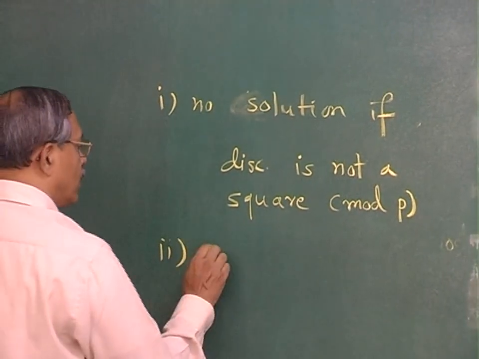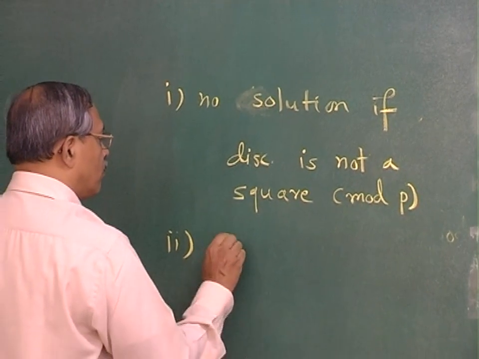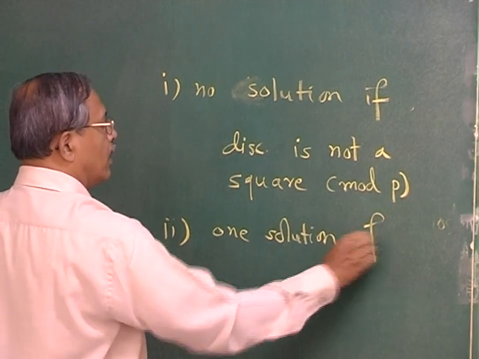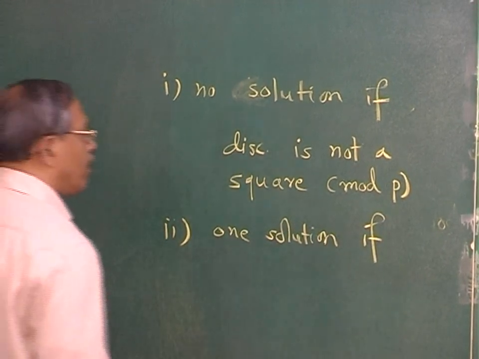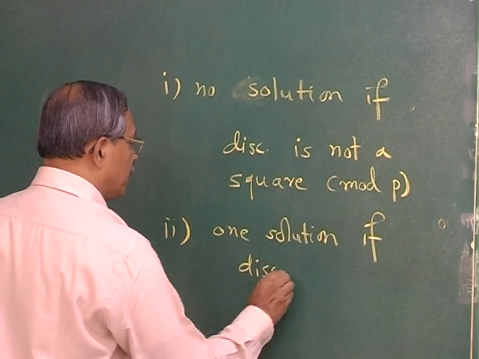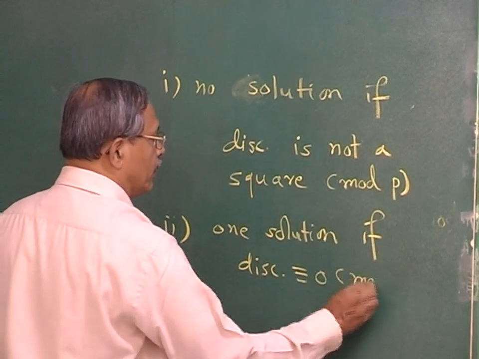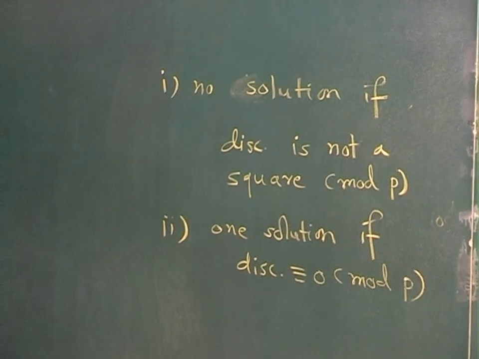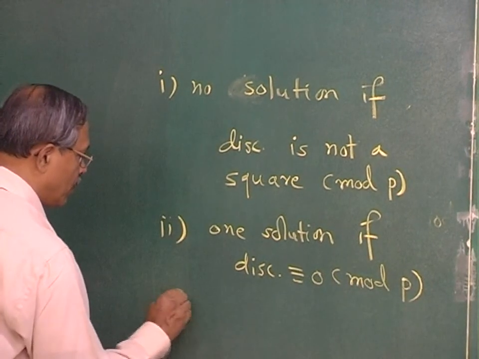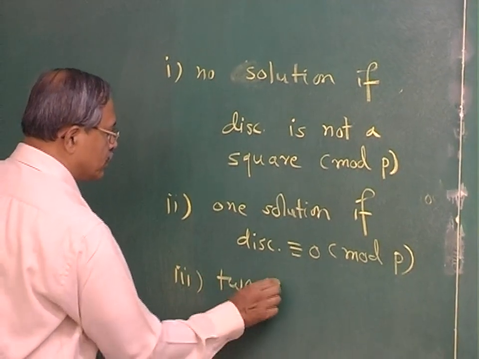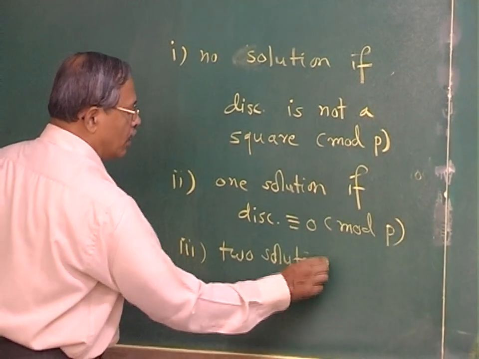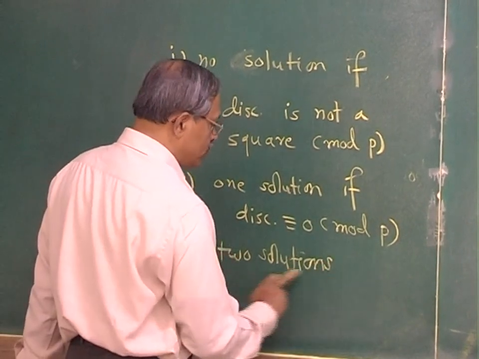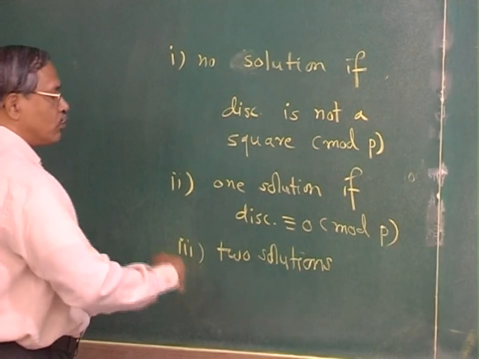Second, one solution if discriminant congruent to 0 mod p. Two solutions means they are incongruent solutions mod p.